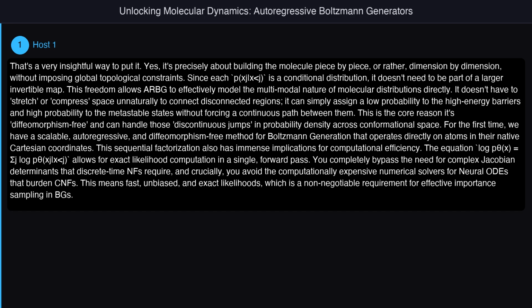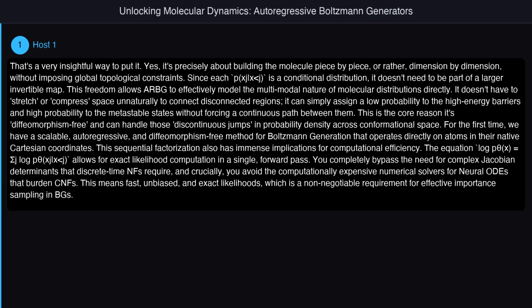Yes, it's precisely about building the molecule piece by piece, or rather, dimension by dimension, without imposing global topological constraints. Since each p(x_j | x_<j) is a conditional distribution, it doesn't need to be part of a larger invertible map. This freedom allows ARBG to effectively model the multimodal nature of molecular distributions directly.